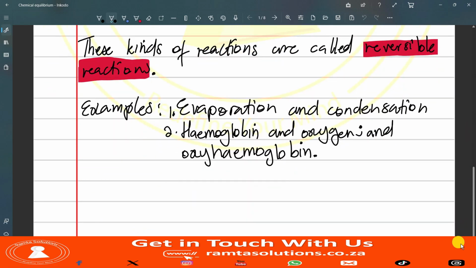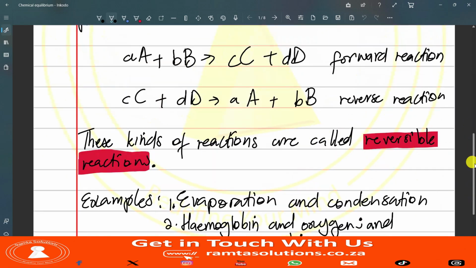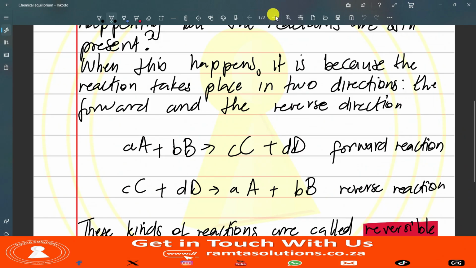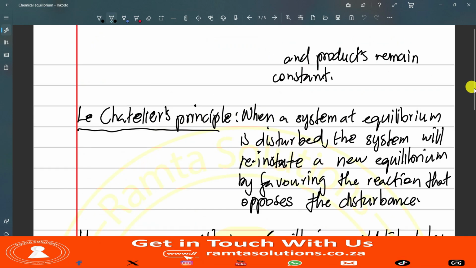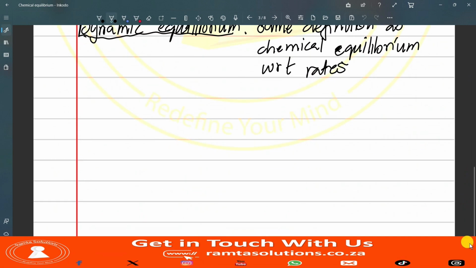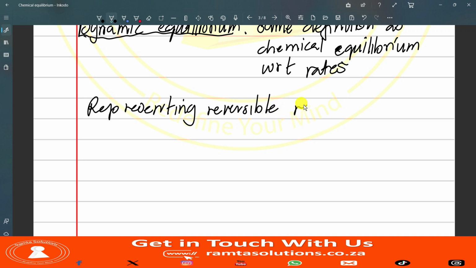Now I want to show you how to represent reversible reactions. To represent reversible reactions, we use the left-right harpoons.